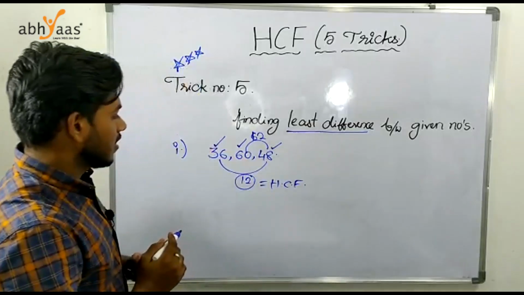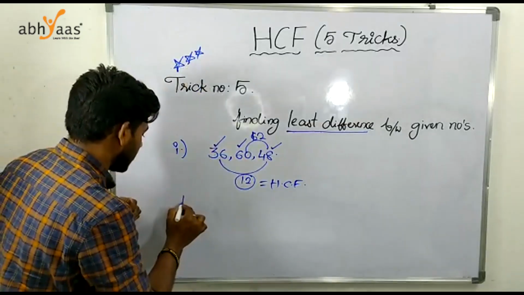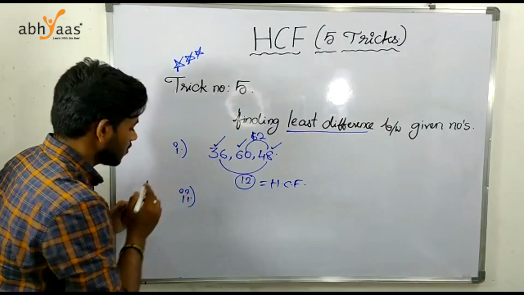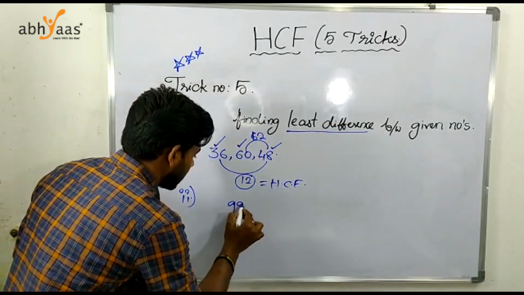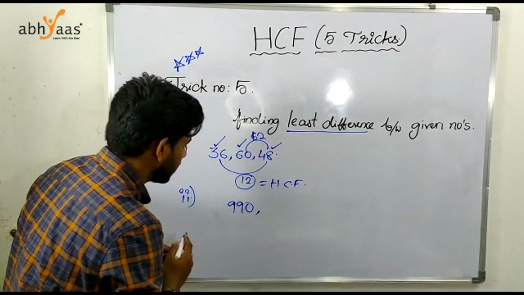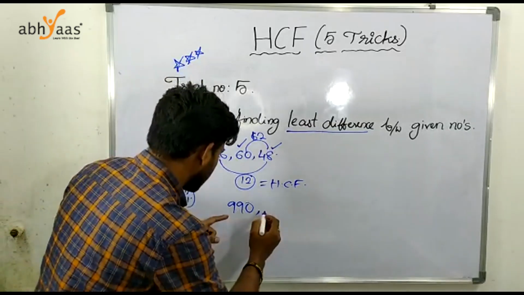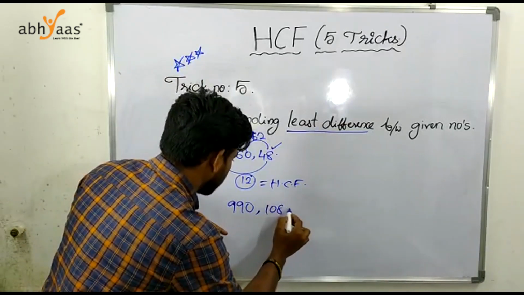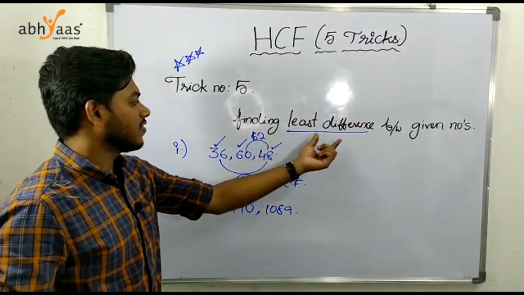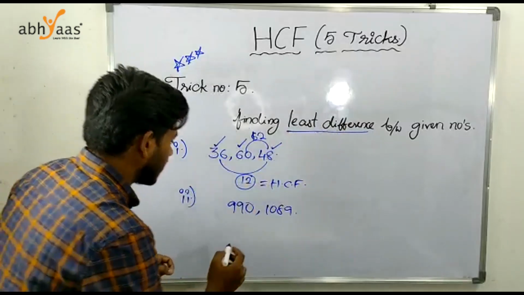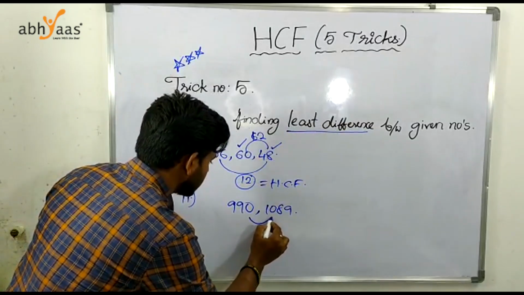Okay, in a similar way, let's take another example. Here I am taking 990 and 1089. Right? Again, as we discussed, we need to find out the least difference. What is the difference between these two numbers?